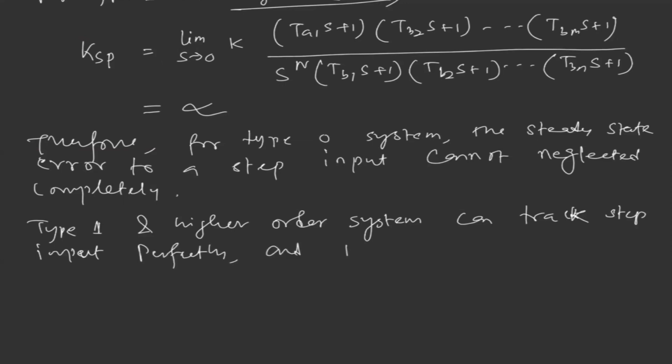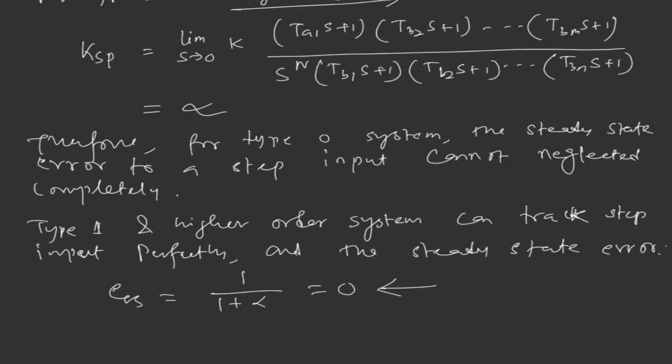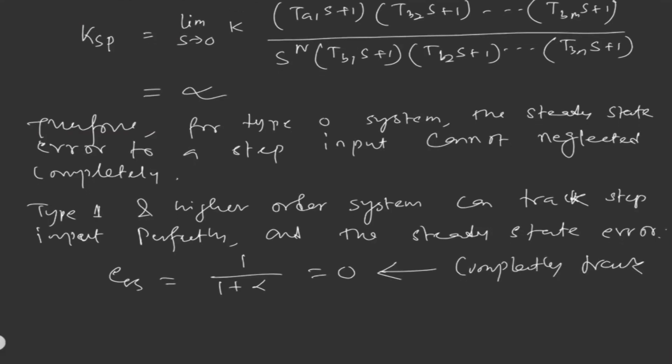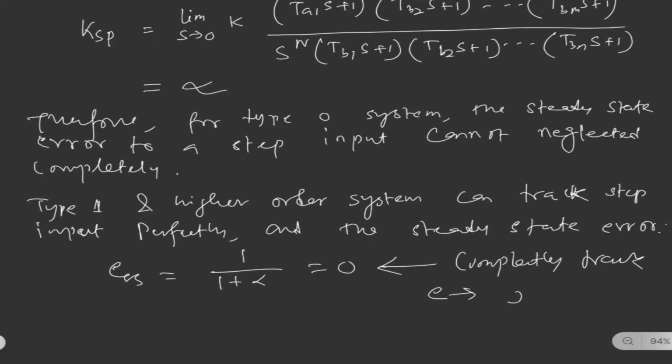And the steady state error, we can write ESS equal to 1 upon 1 plus infinity, which is going to 0. So it is completely tracked. Track means the error is going to 0, meaning y of t goes to r of t, the reference signal.